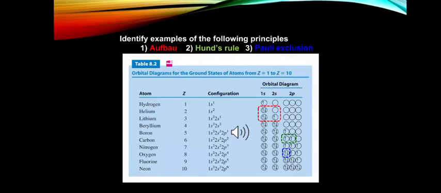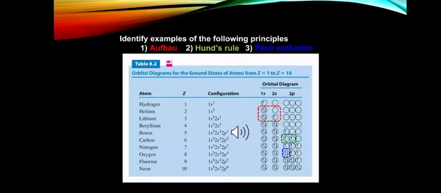In the very next example, nitrogen, they are also following the same rule, whose atomic number is 7 and configuration is 1s2, 2s2 and 2p3. That is, they are singly filling the electrons in each of the sub levels of the 2p orbital. And after that we are given the example of oxygen, whose atomic number is 8 and configuration is 1s2, 2s2 and 2p4.